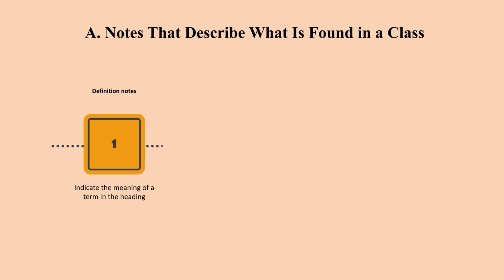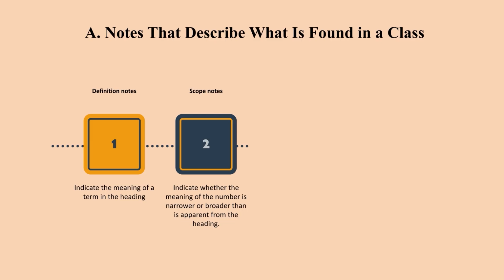It indicates the meaning of a term in a heading. Secondly, the scope notes. It indicates whether the meaning of a number is narrower or broader than is apparent from the heading. It is for defining the area or the scope of a particular class.